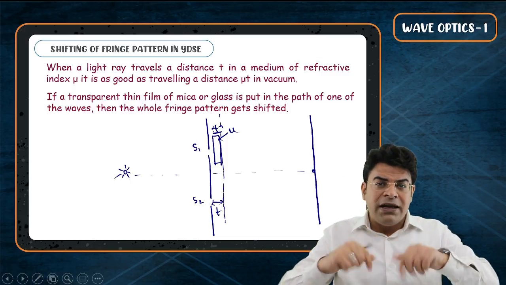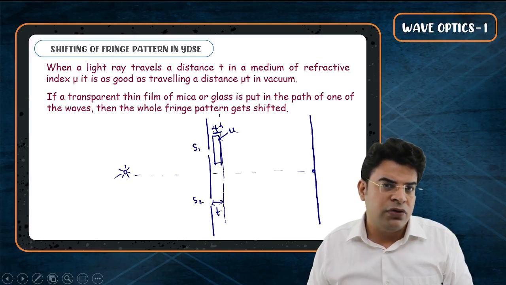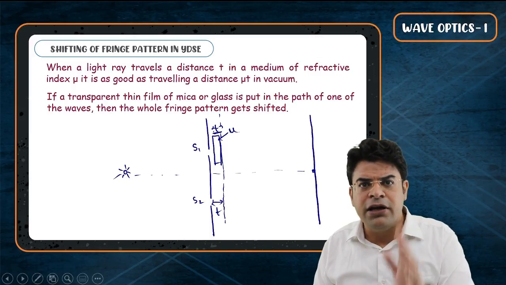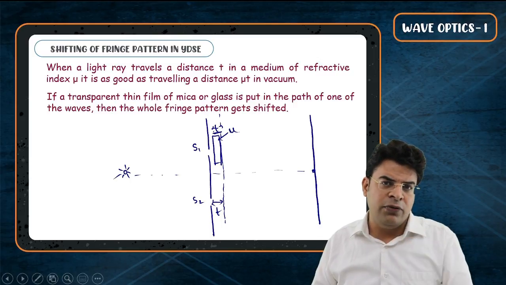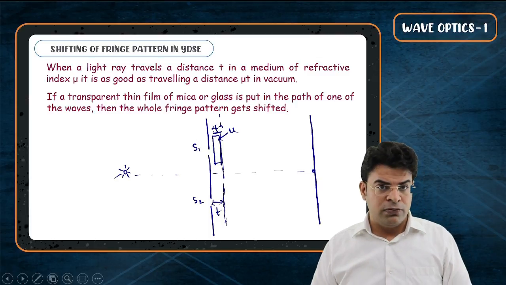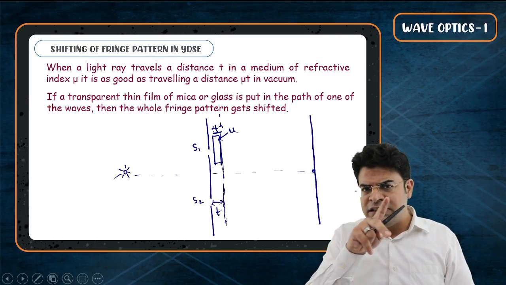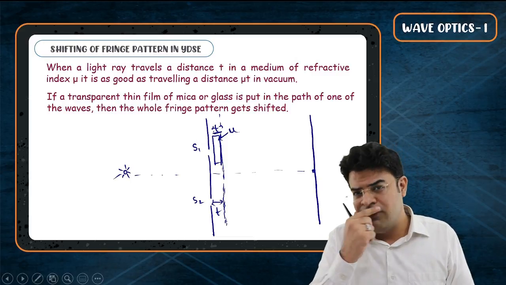So the optical length, the length that should be considered, will be mu t. Traveling a distance t inside a medium of refractive index mu is as good as traveling a distance mu t in vacuum. So tell me, till here, whose phase has changed more? Geometrically, they have traveled the same distance, but optically, the one moving in the denser medium has traveled more.